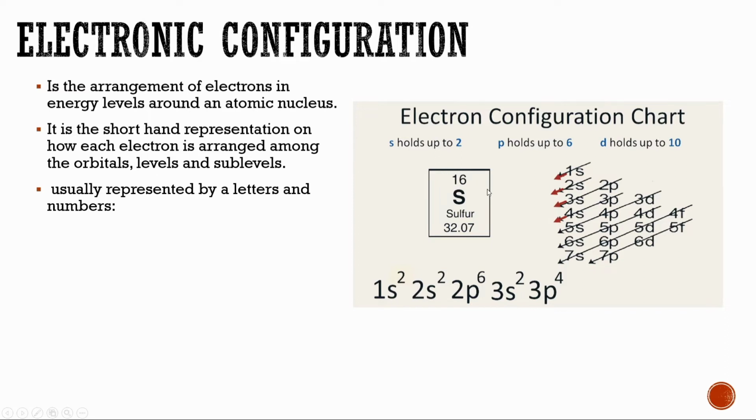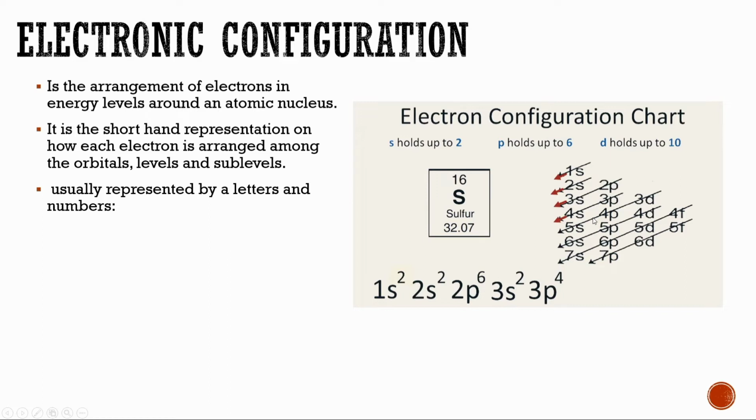Okay? Okay, so let us follow the chart. Okay, so if we are going to write the electronic configuration of sulfur, we are going to start here. 1s, pababa. Tapos, pabalik doon sa 2s. Tapos, pabalik ulit doon sa 2p. Pababa ng 3s.